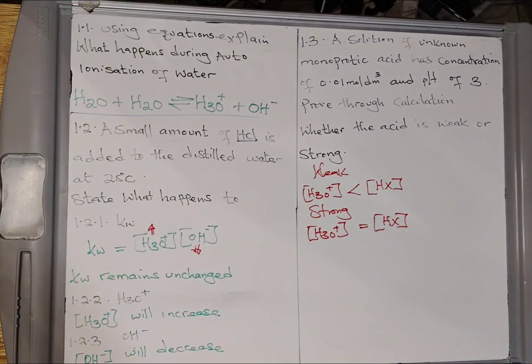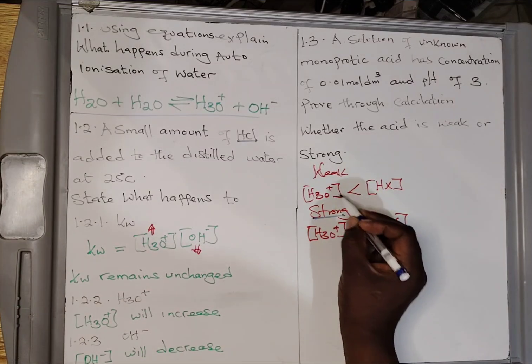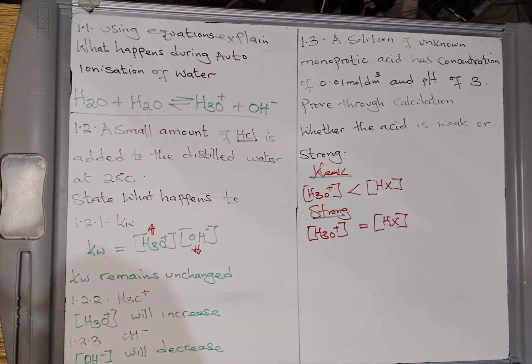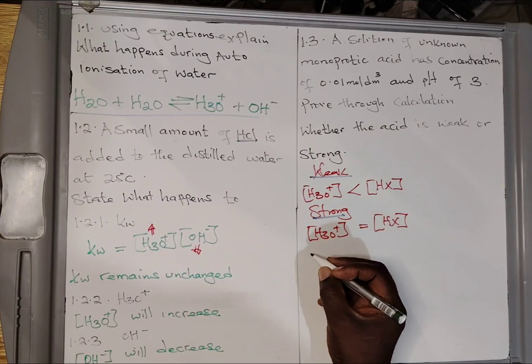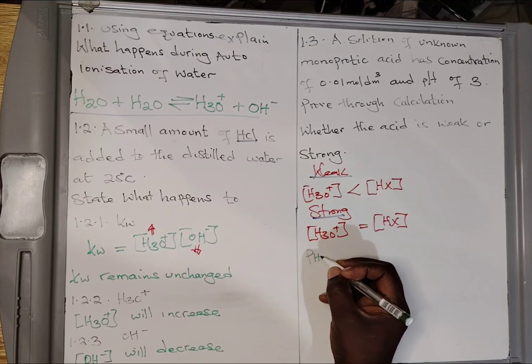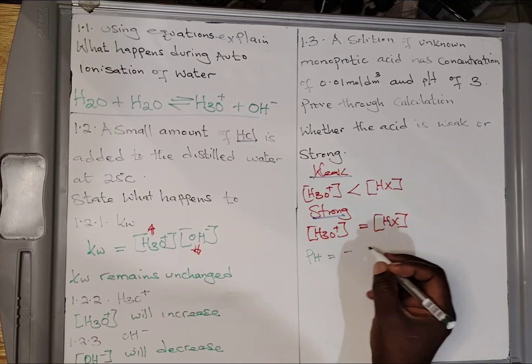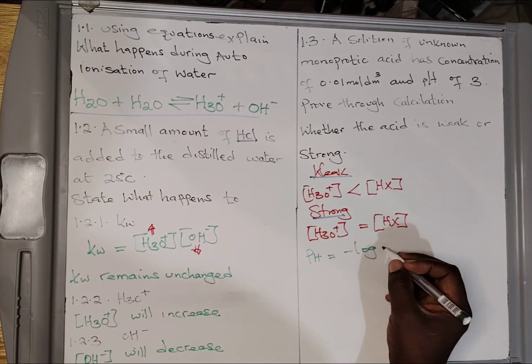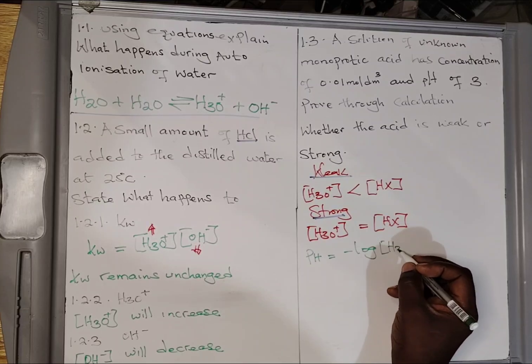So this is what we are supposed to prove. How do you do that? What we do is simply get our pH. pH is reflective of the number of hydronium ions in the solution. So you write the equation: pH is equal to negative log of the hydronium ion concentration.